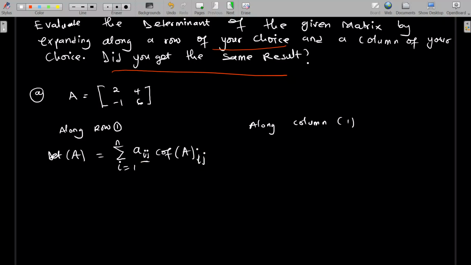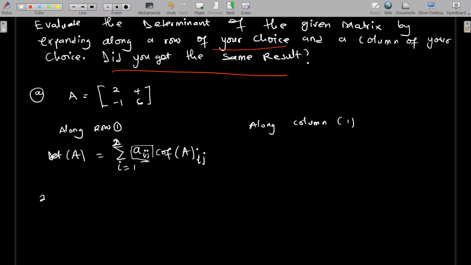So what this means is that if I choose to go along the first row, then what I'm going to get is the entries I have in that row. Ideally it's supposed to be a sub ij, that is, these a's are the entries you have in the first row. So in the first row I have 2 entries, so the summation is going to go from 1 to 2, because this is a square matrix.